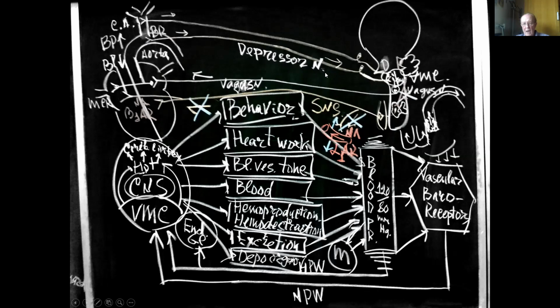This is the depressor nerve. And this is the body of this dendrite. This is the axon, and this is the vascular motor center. The main part of the vascular motor center is located in the midbrain, and it has two departments: the depressor department and the pressor department. This is the letter P, pressor department.